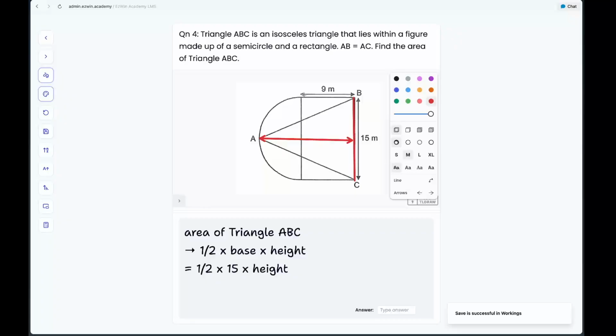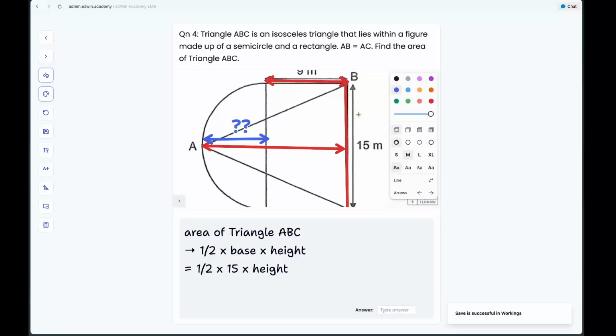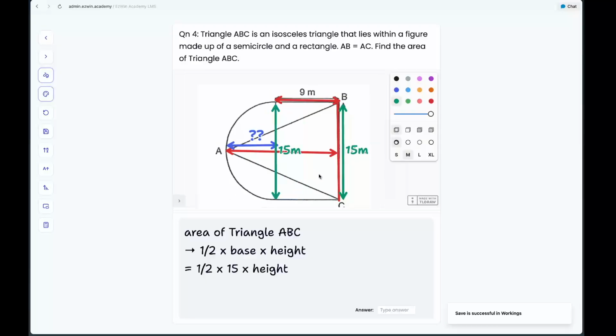We first know that this is 9 meters. Then we need to find out what this length over here is. I'm going to put a double question mark. For this 15 meters over here, if I mark it out in green, this 15 meters is also the same length as what we see over here, which is the diameter of the semicircle.